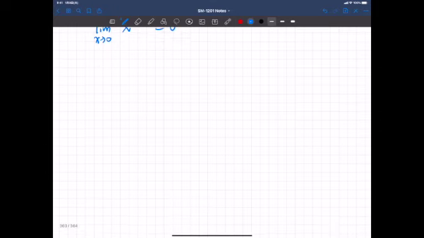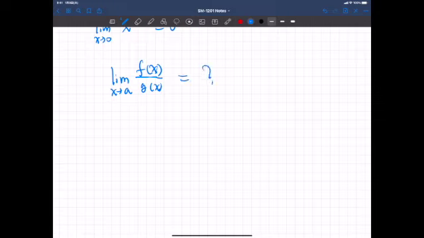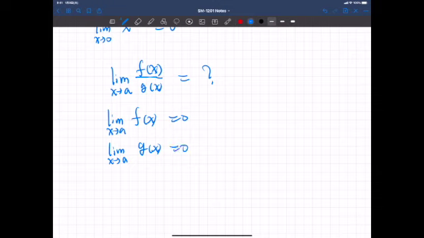So consider a more general case where we would like to calculate a limit of a function which can be expressed as f(x) over g(x) for some functions f and g, as x approaches some value a. It may or may not converge. We consider the case where the limit of f(x) is 0 and the limit of g(x) is also 0.